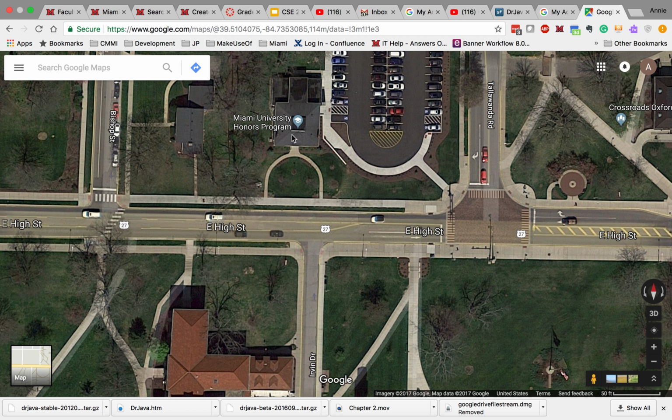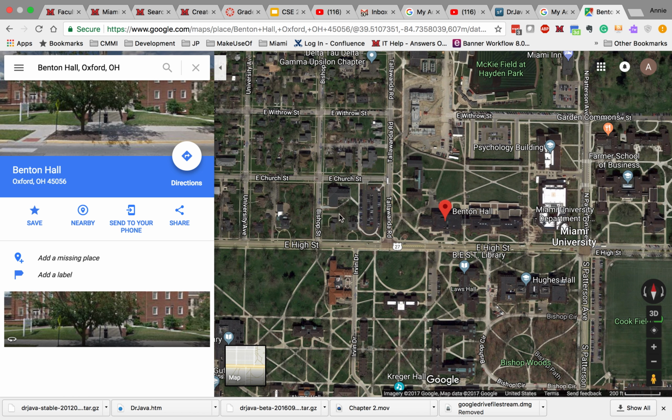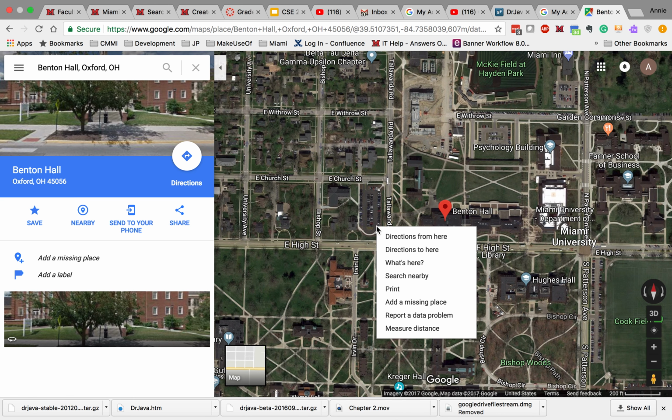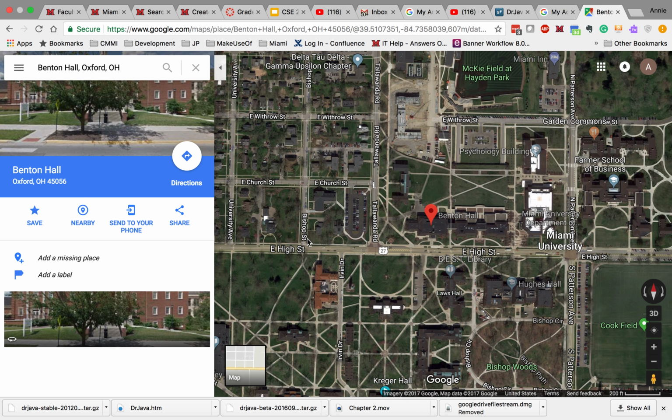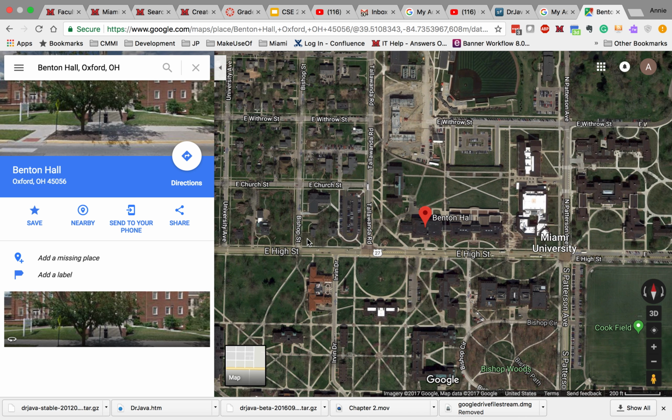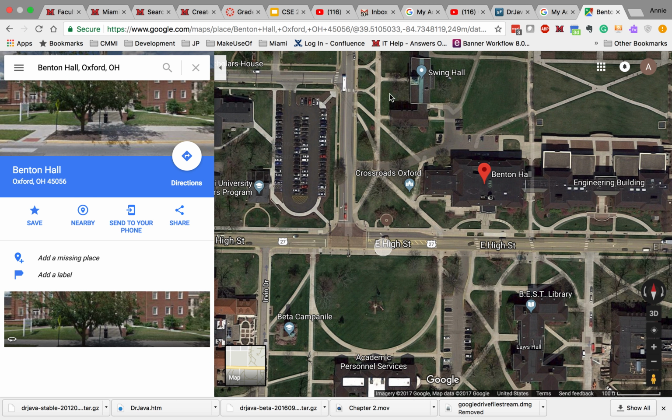Let's see if we can find Benton. So you can kind of see that this is a satellite view, which is what Street View is, and it's real time, and it shows, there's Benton right there, cars.